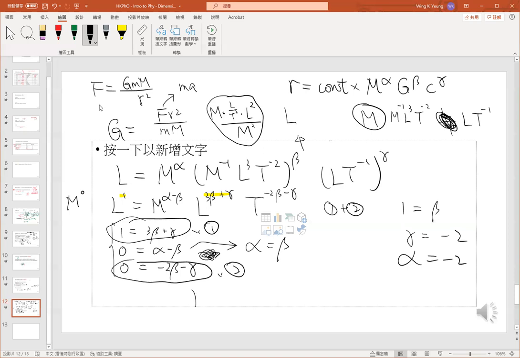So then finally you can say that the formula should have the form: constant times m to the power negative 2, and then g to the power 1, and then c to the power negative 2. But I think I made some mistakes here. So let me have a look. I always make mistakes in this question.